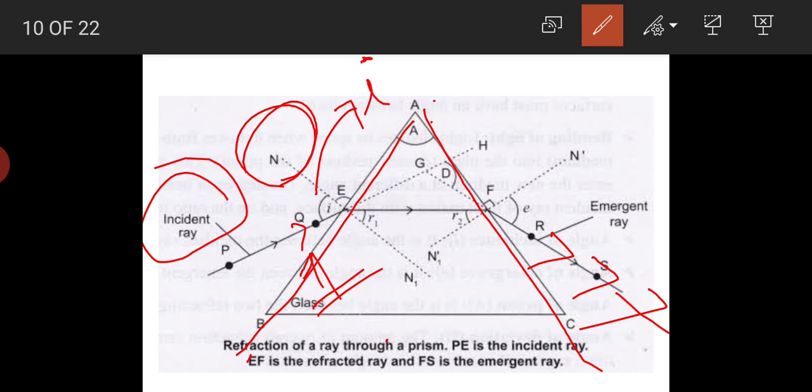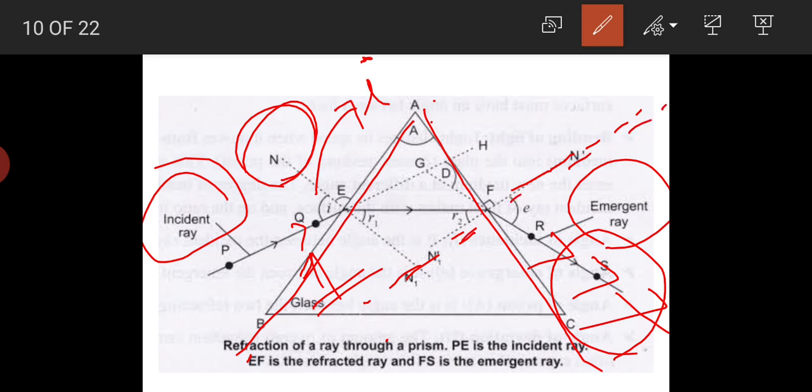The light ray coming out of the second surface, that is, out of the prism, is called the emergent ray. This is the normal to the second surface, and the angle between the emergent ray and the normal is called the angle of emergence.